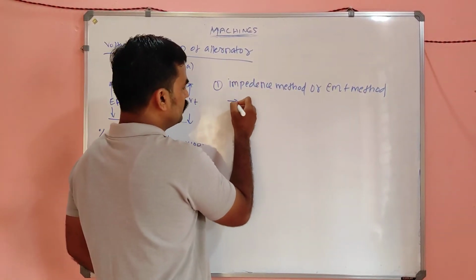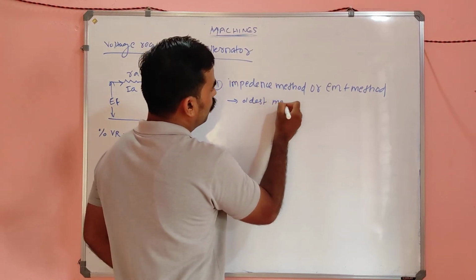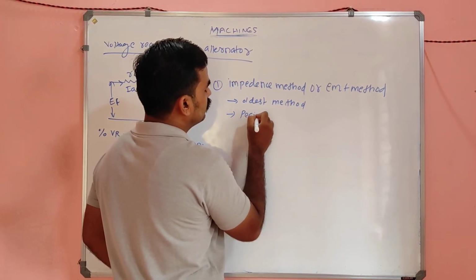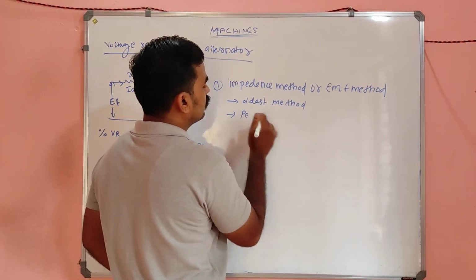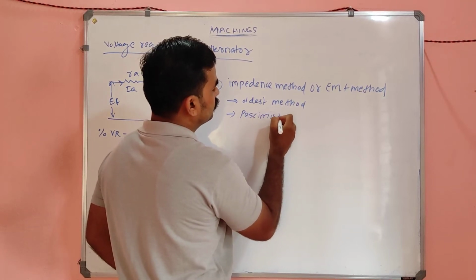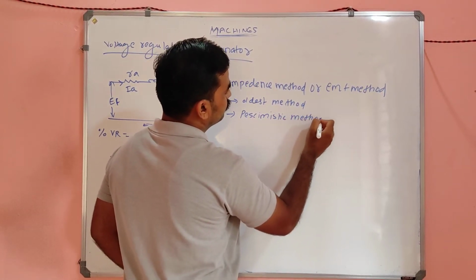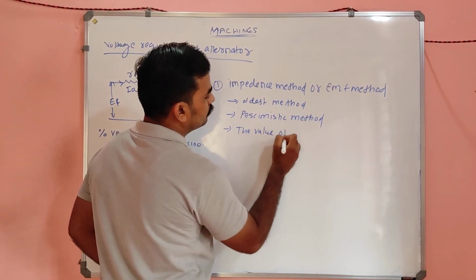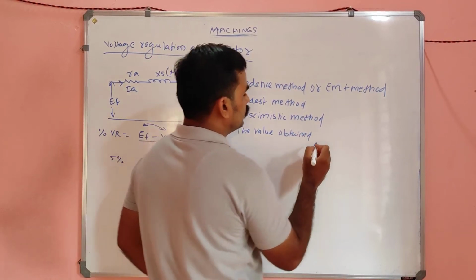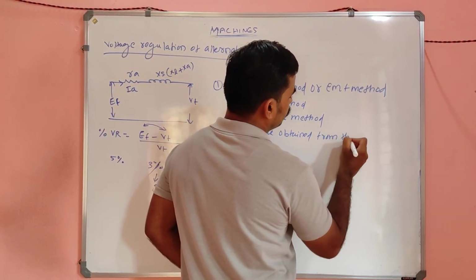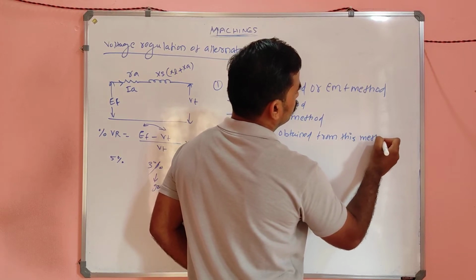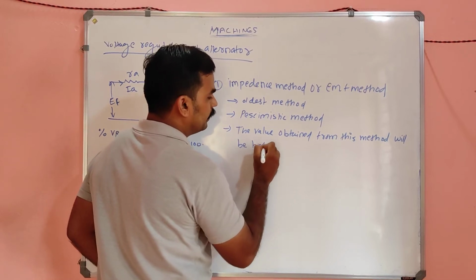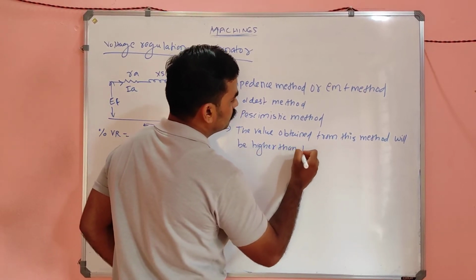This is the oldest method, my dear. This method is also called the pessimistic method, because the value obtained from this method will be higher than the actual value.